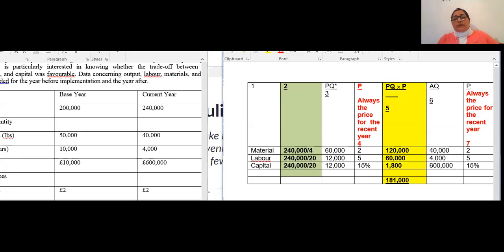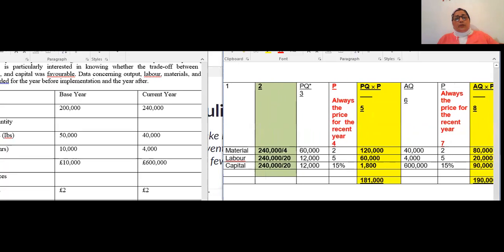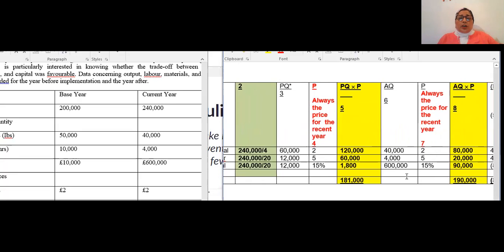Okay, and then the second part of the question is you go and get the actual quantity of the current year for the same material, labor, capital. So again, from this column, 44,600, right?